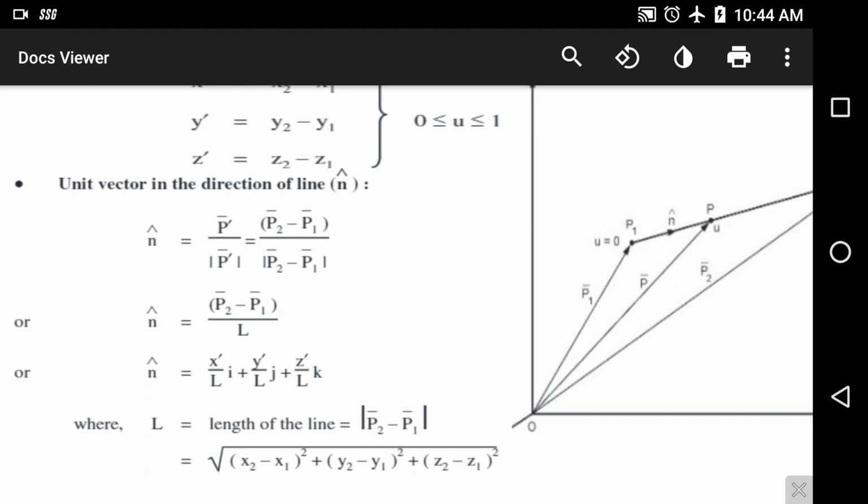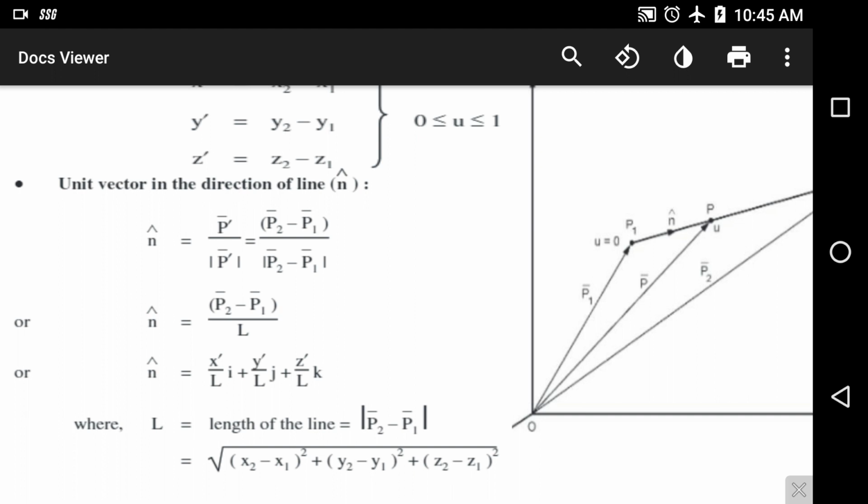Here the length of the line is the magnitude of p2 bar minus p1 bar, which is the square root of x2 minus x1 whole square plus y2 minus y1 whole square plus z2 minus z1 whole square. So this is the parametric equation of the line and the length of the line equation.